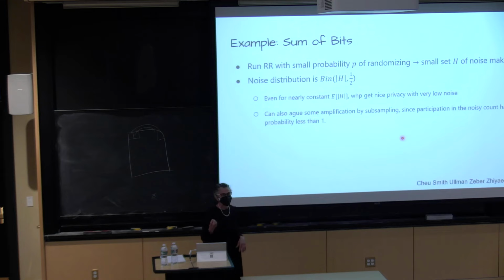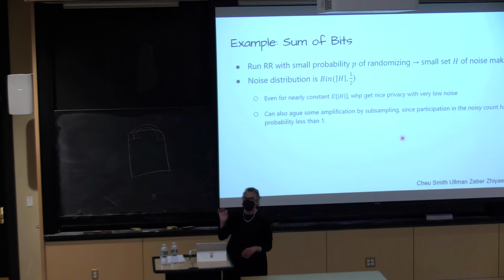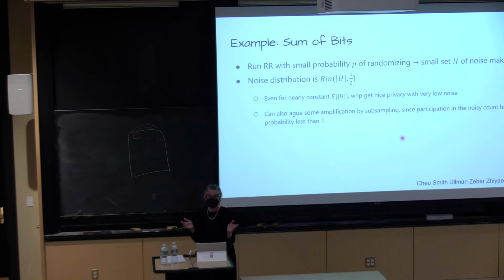Now, our argument about why randomized response was private did not involve privacy of the subsample. There was no subsampling. There was kind of implicit subsampling, but the algorithm that was being applied, if you got subsampled, was tell the truth. That is not differentially private for any finite epsilon.